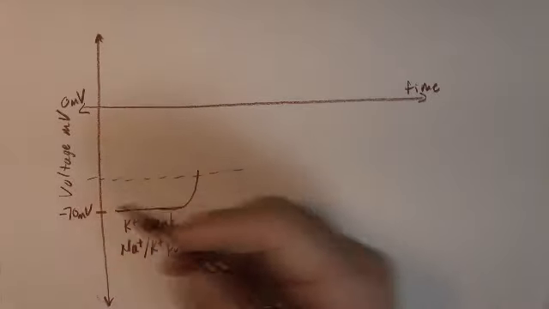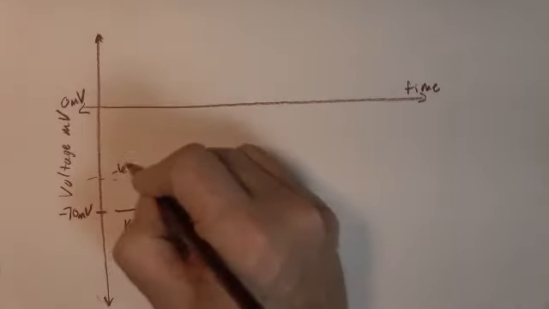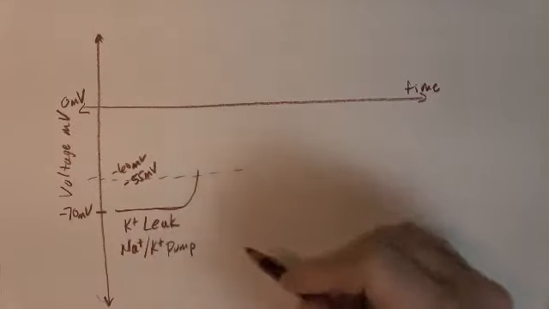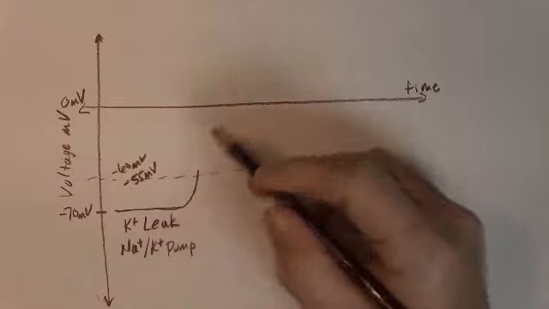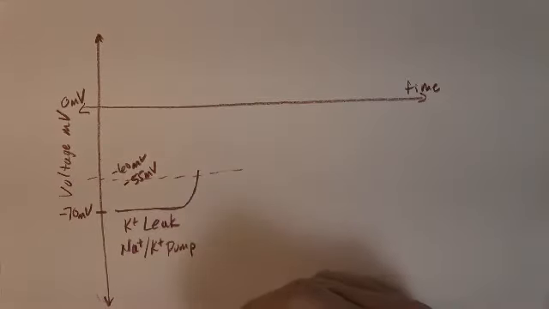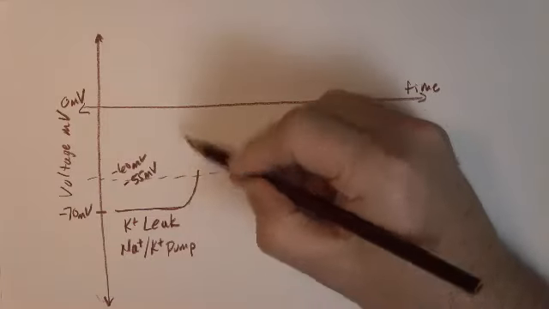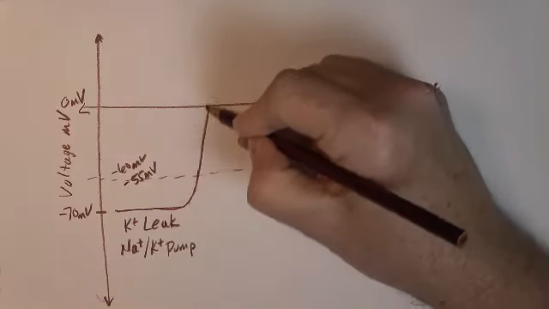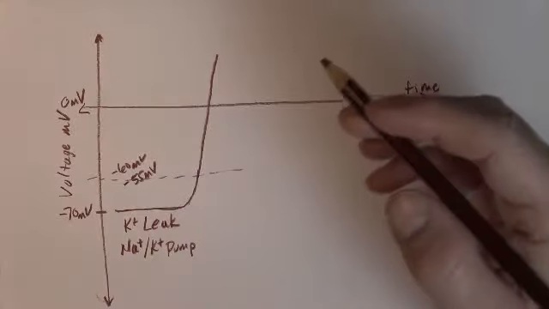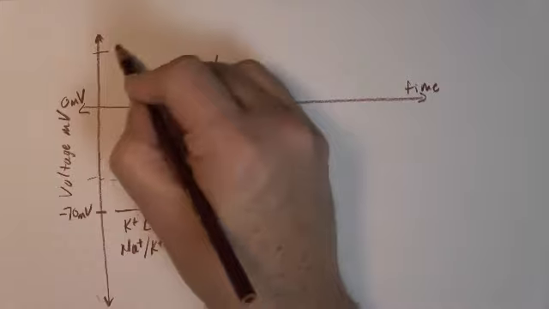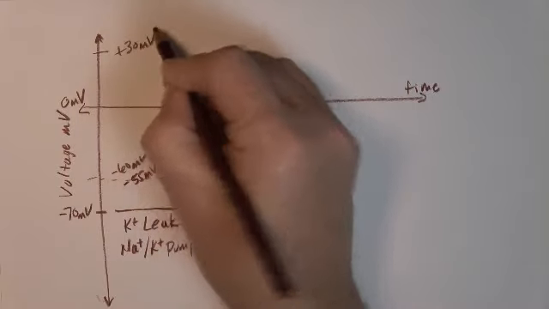The threshold value typically for a neuron is -60 millivolts to -55 millivolts. Once we hit that threshold, we have a dramatic, huge increase in the amount of sodium ions that rush in, all the way up to +30 millivolts.